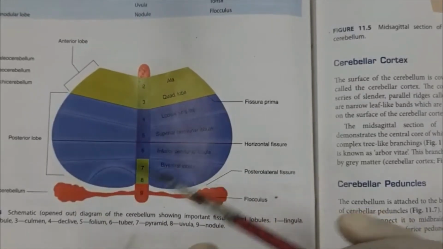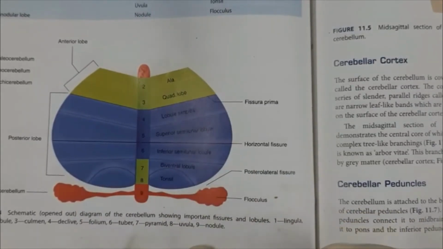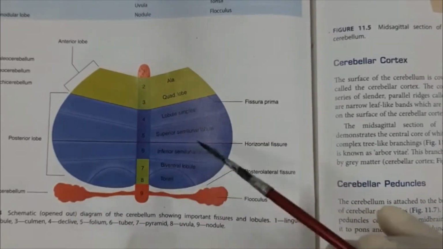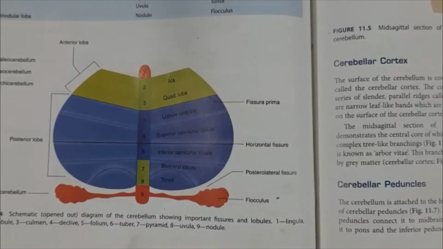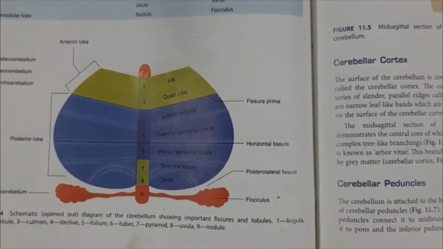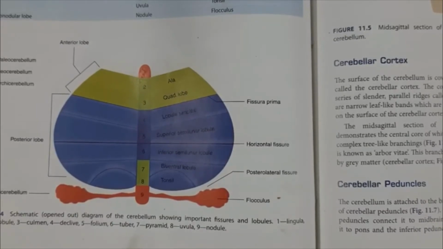Which is having connection with the various lobes of the neocerebellum. So this is again in relation to the coordination of function. The neocerebellum is responsible for how the various groups of muscle will act in coordination with each other.